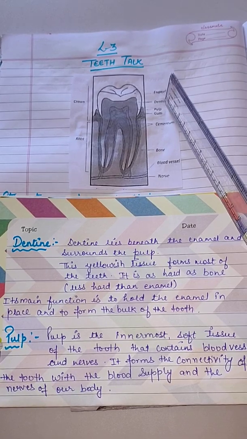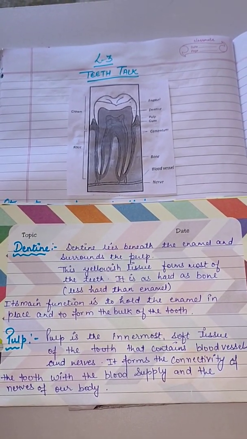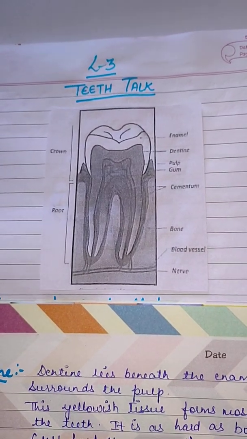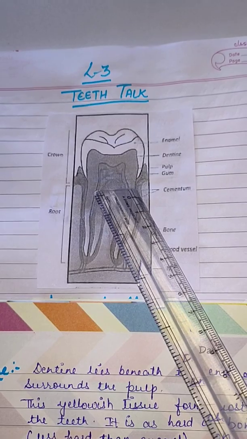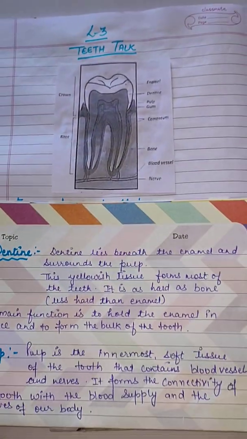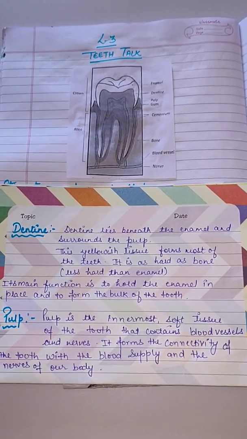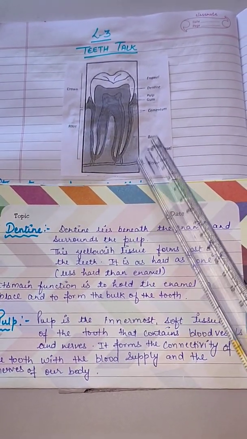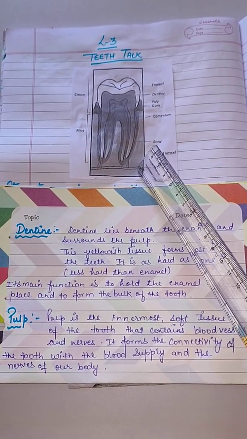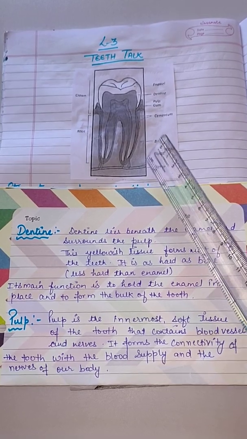Now the next layer is pulp. Pulp is the innermost layer of the tooth. It is the innermost soft tissue of the tooth that contains blood vessels and nerves. इसमें blood vessels भी होते हैं और nerves भी present होती हैं. It forms the connectivity of the tooth with the blood supply and nerves of our body.